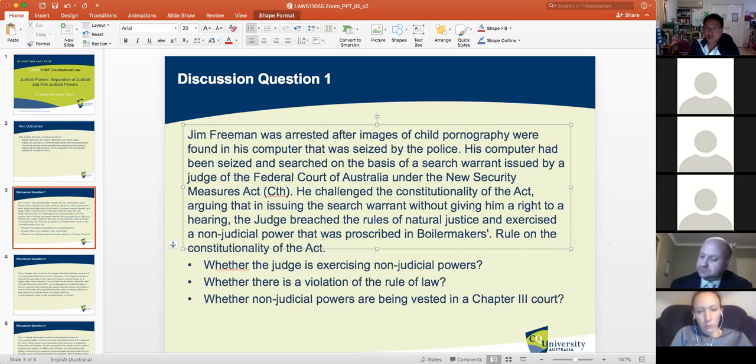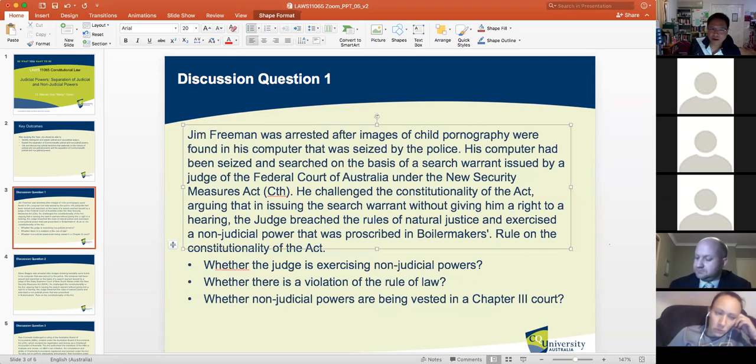So you can only answer the question about the constitutionality of the act by knowing what the legal rules are that would inform that particular question. But knowing what the legal rules are requires identifying what the legal issue is, because the legal issue leads you to the rules.